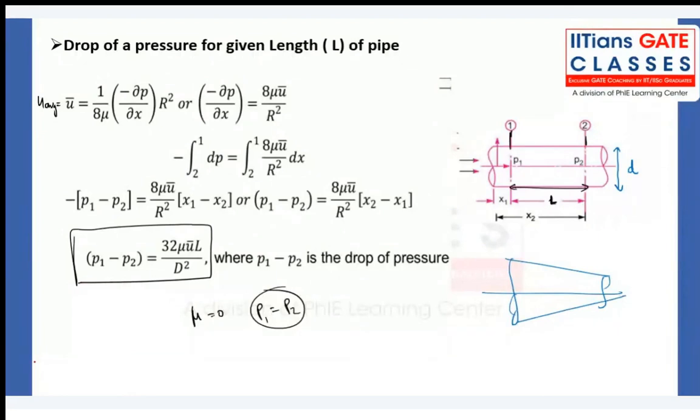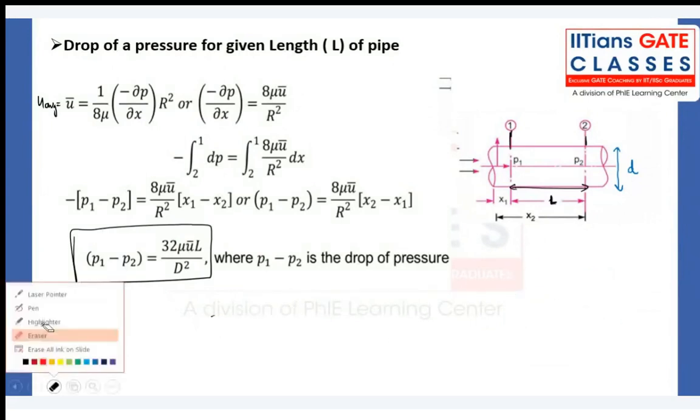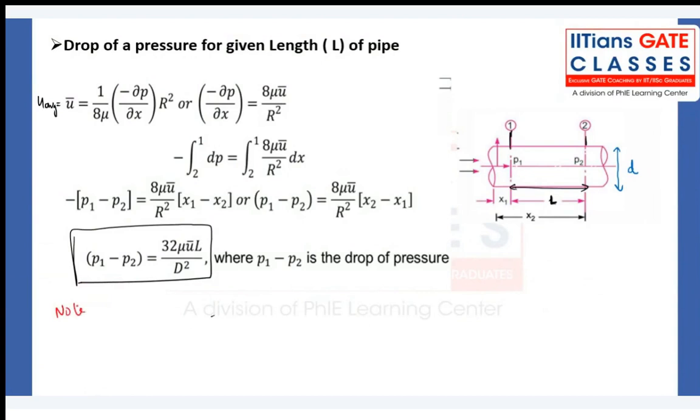And one more thing, here you can make a note. U average, or U bar, we have written as −1/(8μ) ∂p/∂x R².